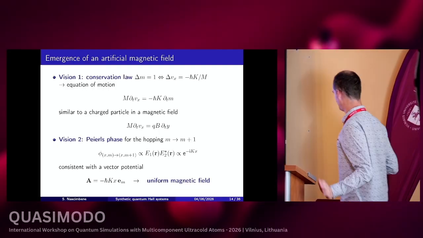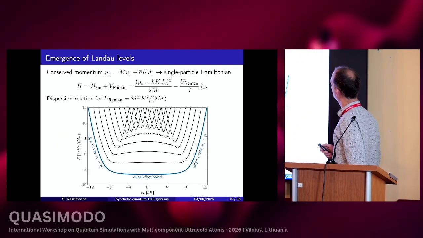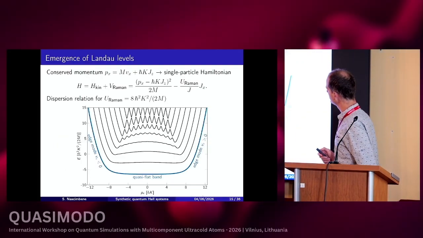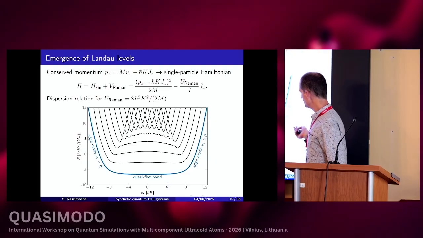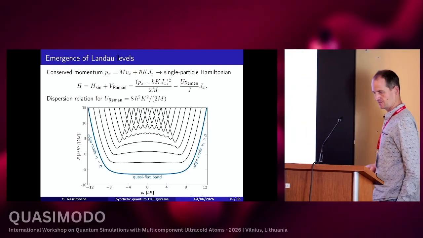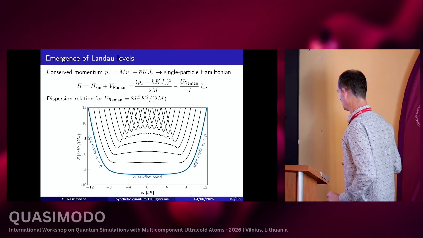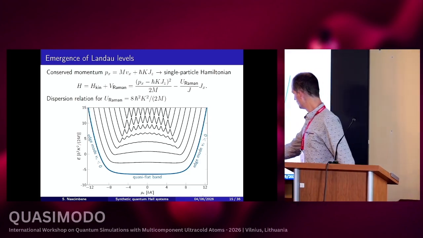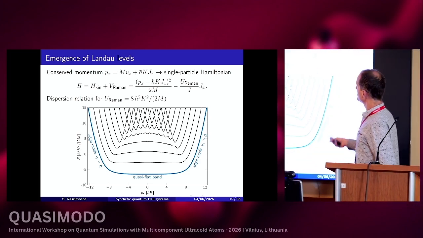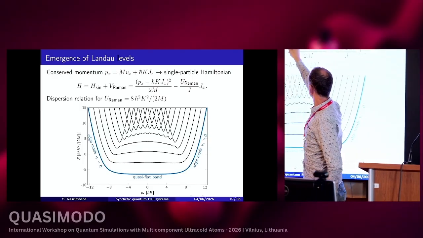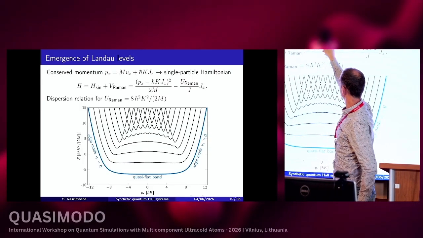Okay. So now, what does it give in practice? I plot here the dispersion relation of the system that we consider in the experiment as a function of the momentum, which is the kinetic momentum plus h bar k times the spin projection.